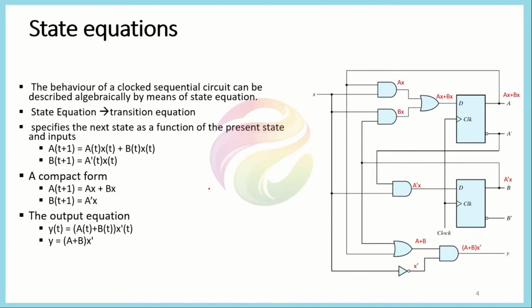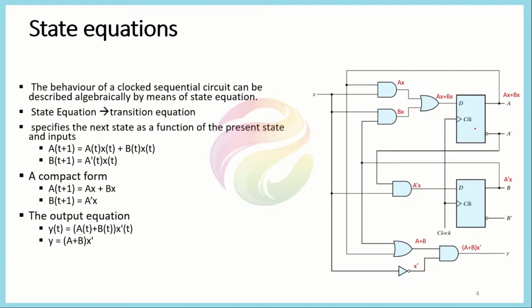So each flip-flop involved in this system should be written in the form of a Boolean expression that represents its functionality at the next clock cycle. Because these are D flip-flops, whatever the value of input present at the D input will be equal to the output at the next positive edge of the clock.